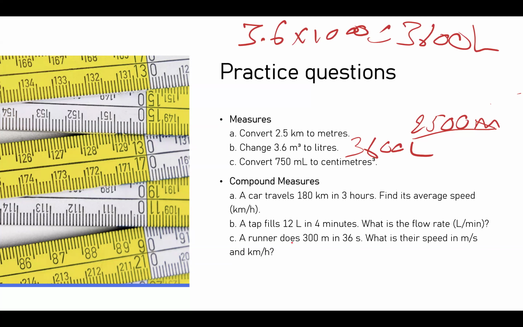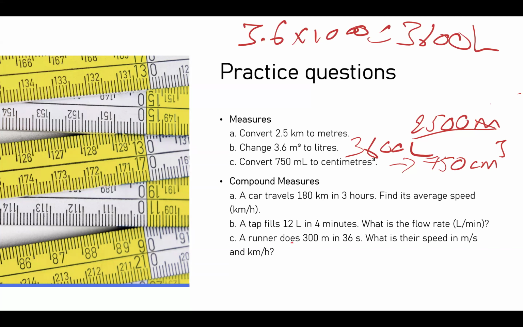We know that milliliters is the same as cubic centimeters, so it would just equal 750 cm cubed. So that's just a 1 to 1 ratio.